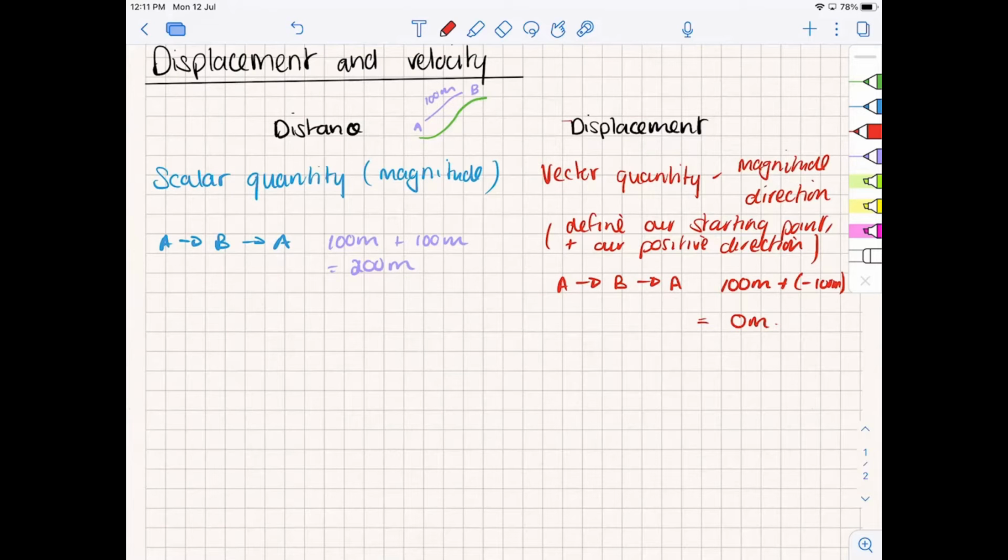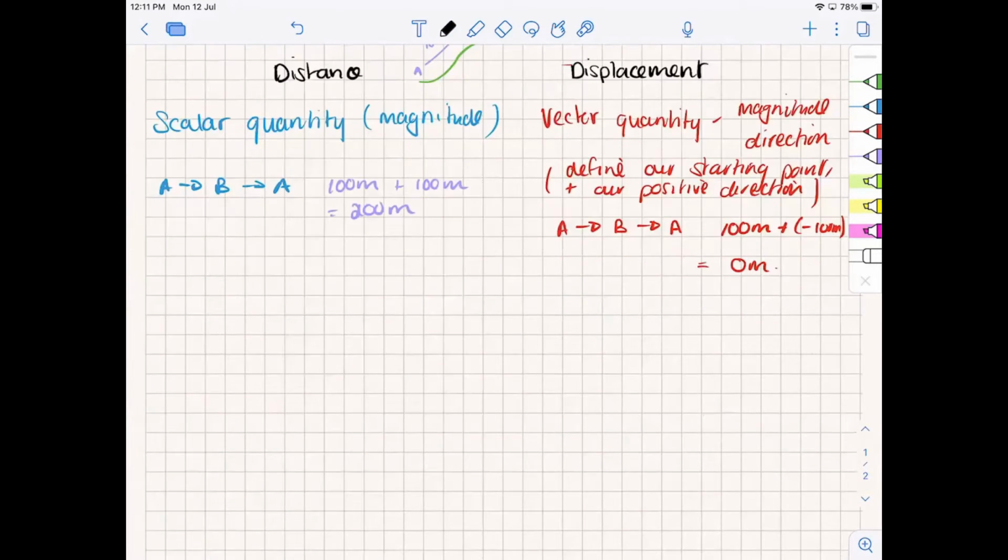Right, the next concept that we're going to look at is speed and velocity. So over here we can have speed, and over here we'll have velocity. Okay. So I'm putting speed under distance and I'm putting velocity under displacement for a very specific reason, okay?